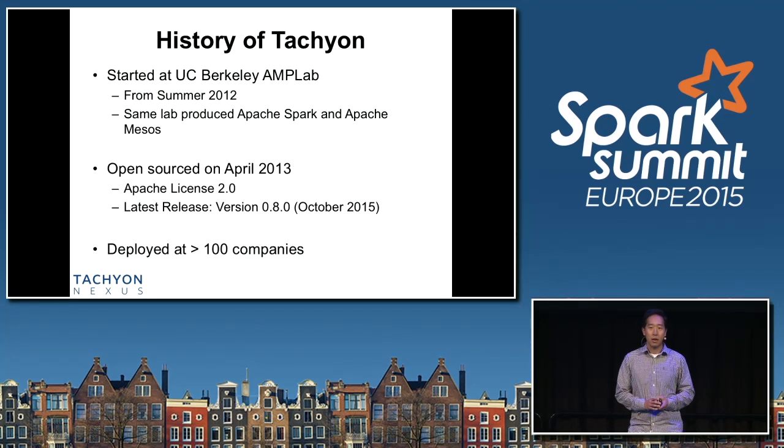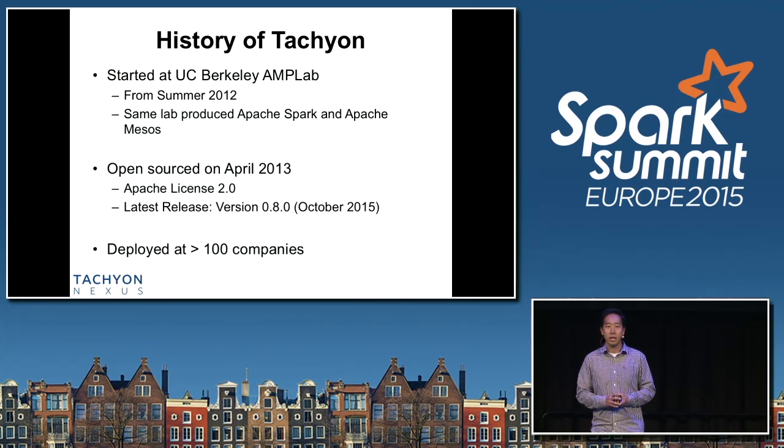Here's the history of Tachyon. It was started in the AMP lab at UC Berkeley. Haoyuan, or HY, started it in summer of 2012 as part of his research project. And this is the same lab that produced Spark and Mesos over the years.